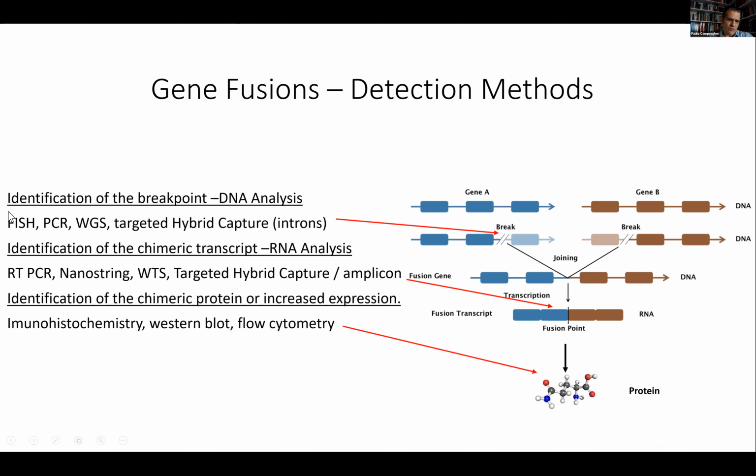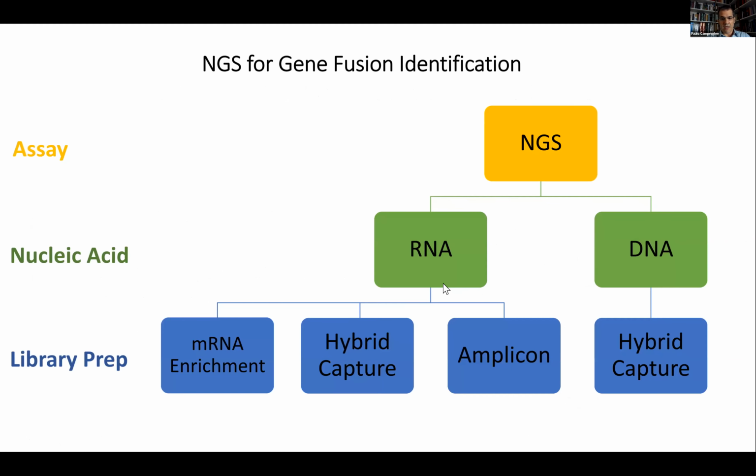So for DNA analysis, we're talking about FISH, PCR, whole genome sequencing, or targeted hybrid capture. When we talk about RNA analysis, RT-PCR, nanostring, whole transcriptome sequencing, targeted hybrid capture or amplicon-based assays, and for protein, immunohistochemistry, Western blot, and flow cytometry, right? So that will be a good way to look.